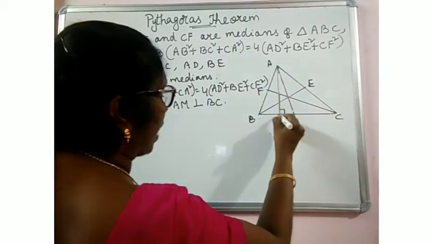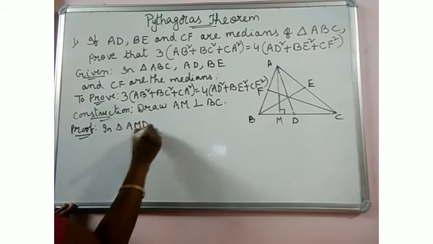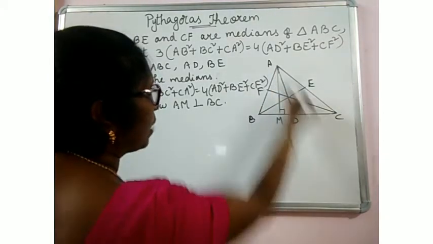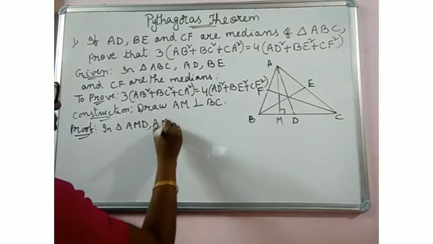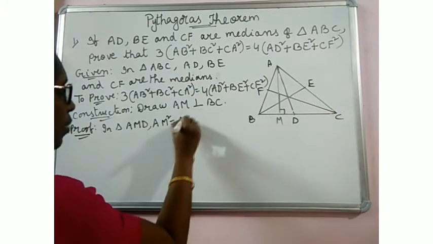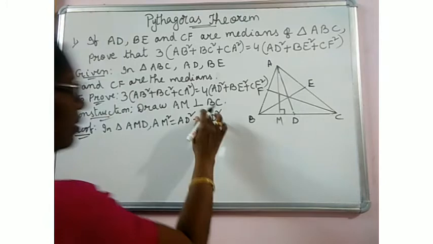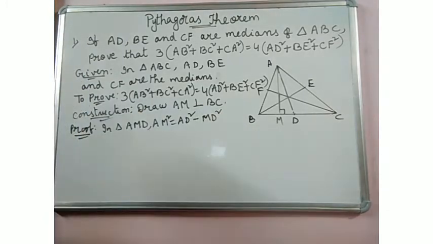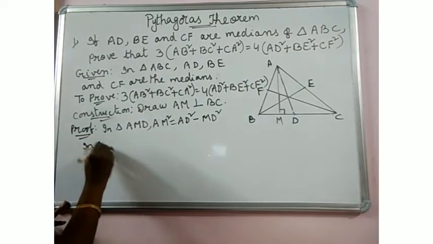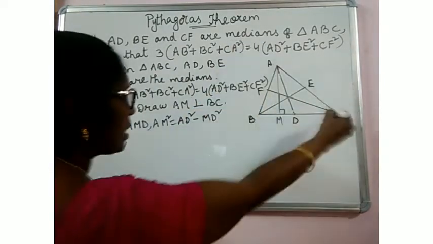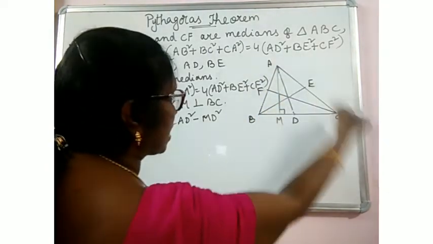First, let us see triangle AMD. In triangle AMD, AM is perpendicular, so AMD is a right angled triangle. So, in triangle AMD, AM square is equal to AD square, that is the hypotenuse square, minus MD square. Now let us see triangle AMC. In triangle AMC, AC is the hypotenuse.